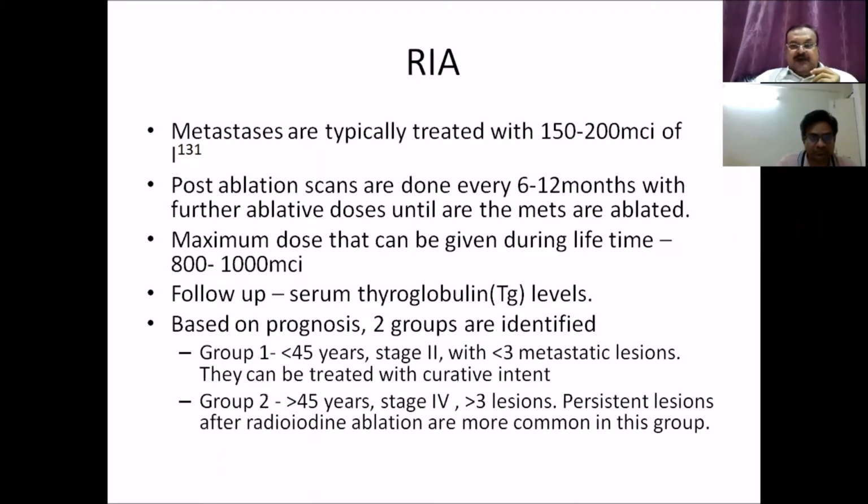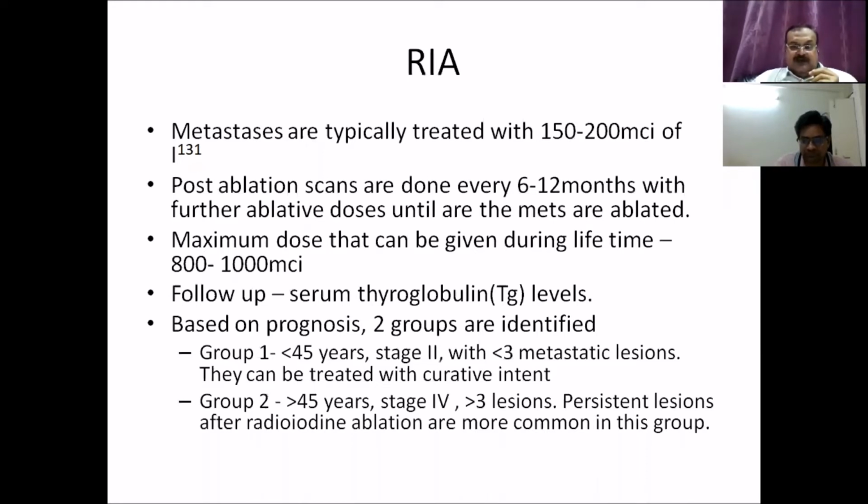So coming to radioiodine first, the dose is 150 to 200 millicurie. Post-ablation scans are done every 6 to 12 months, and further ablative doses are given until all the mets are ablated. Maximum dose during the lifetime is 800 to 1000 millicurie.